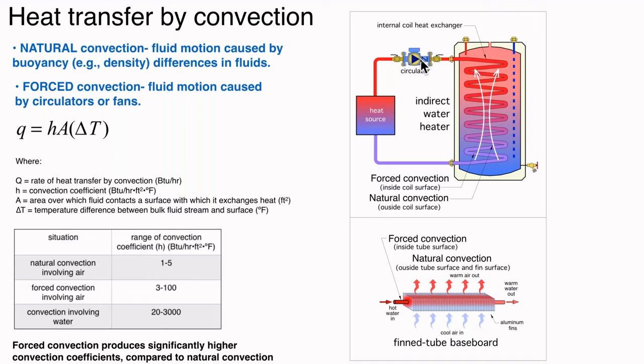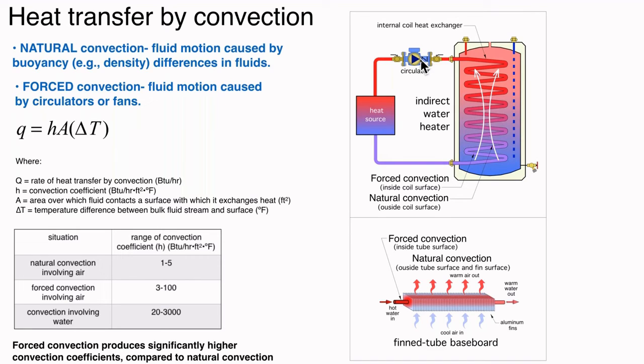The overall rate of heat transfer depends on both the ability of forced convection on the inner surface of that coil and natural convection on the outer surface of that coil. It's very uncommon to find a situation where the limitation in the rate of heat transfer is not created by natural convection. Natural convection is typically the bottleneck to the rate of heat transfer.